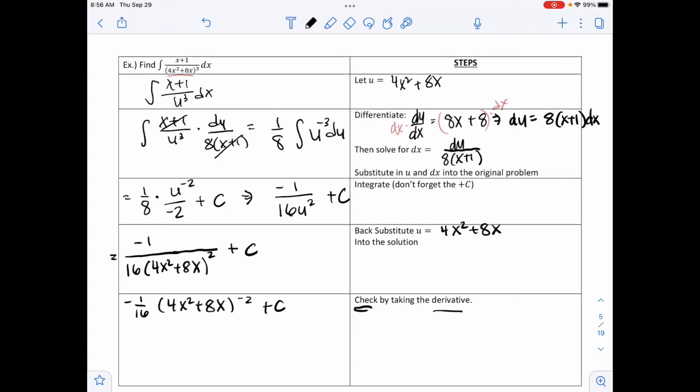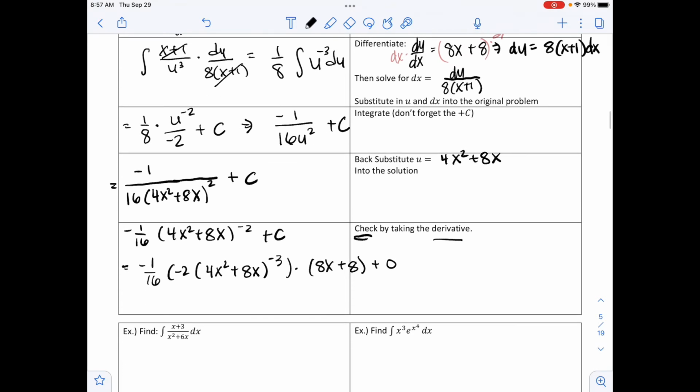And now taking the derivative of this using the chain rule, we're going to have negative 1/16 times negative 2, and then keep that inside function the same. Subtracting 1 from your exponent, so now we're back at our negative 3, times the derivative of the inside, which would be 8x plus 8. Derivative of c is just 0.